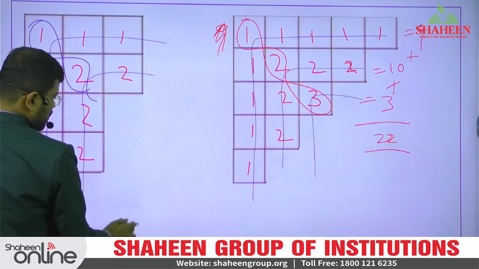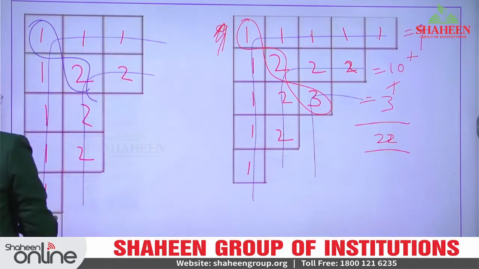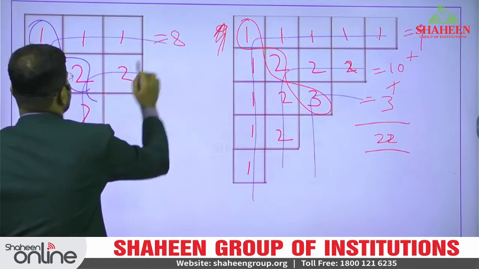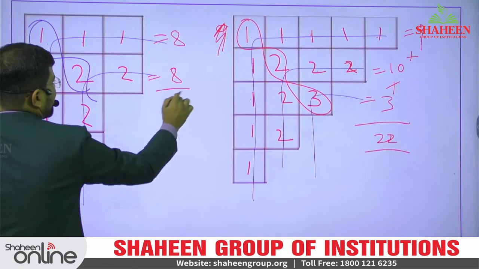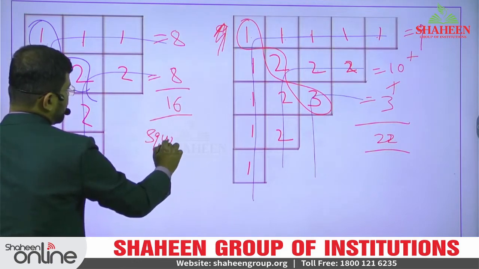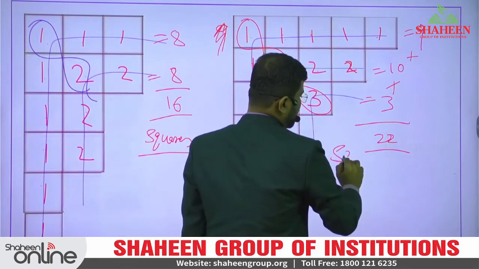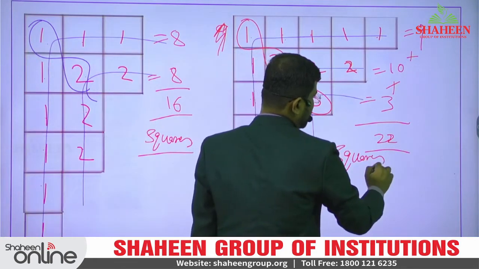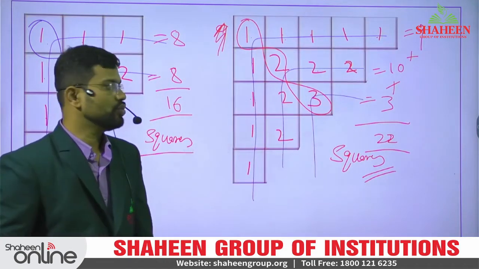Now 1, 2, 3, 4, 5, 6, 7, 8, okay, this is 8. 1, 2, 3, 4, 2 into 4, 8. 8 plus 8, 16, over. So there are 16 squares. 22 squares, 16 squares.